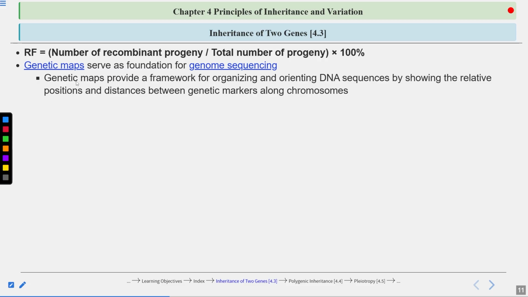So, what are genetic maps? They provide a framework for organizing and orienting DNA sequences by showing the relative positions and distances between genetic markers, meaning genes, along the chromosomes.